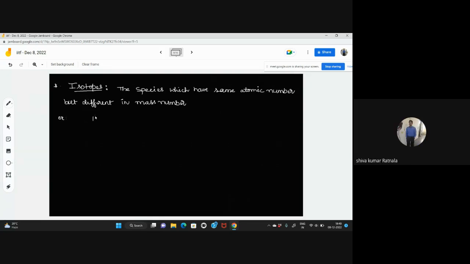Example, 1H1, which is also called protium. Then deuterium, 1H2, and tritium, 1H3. Please be quiet.